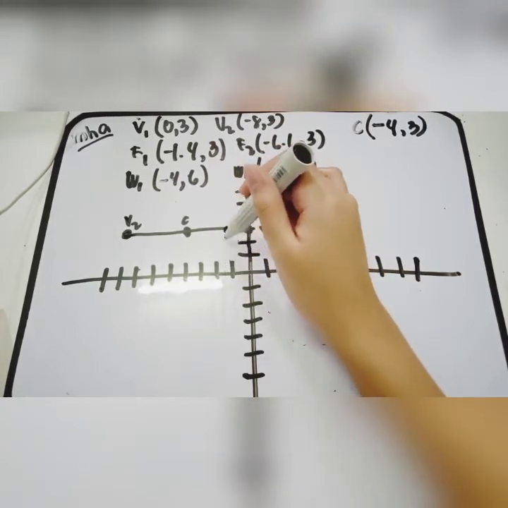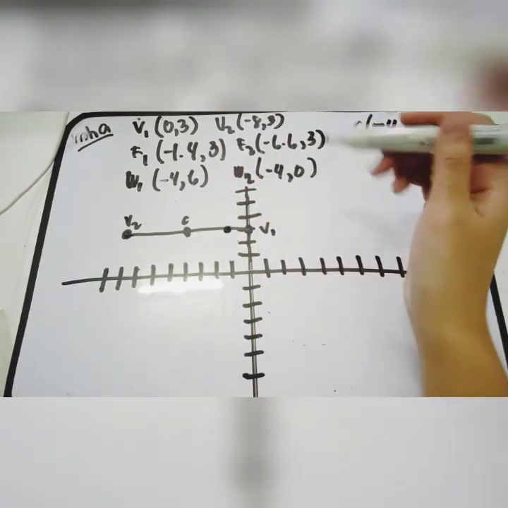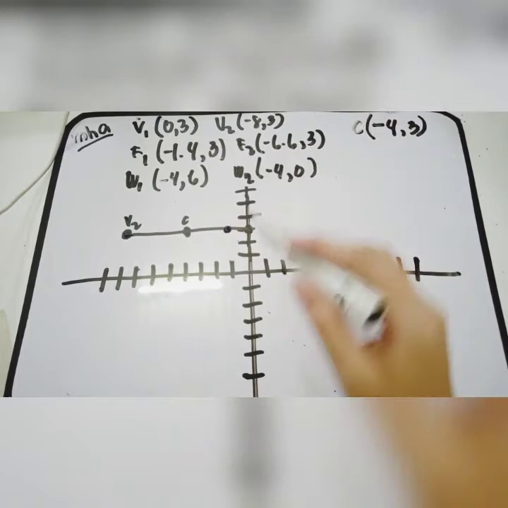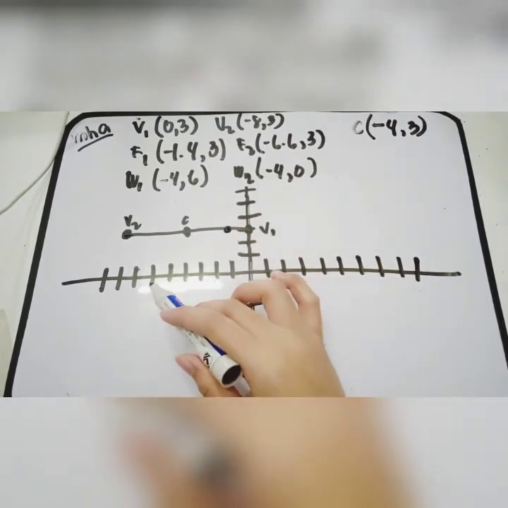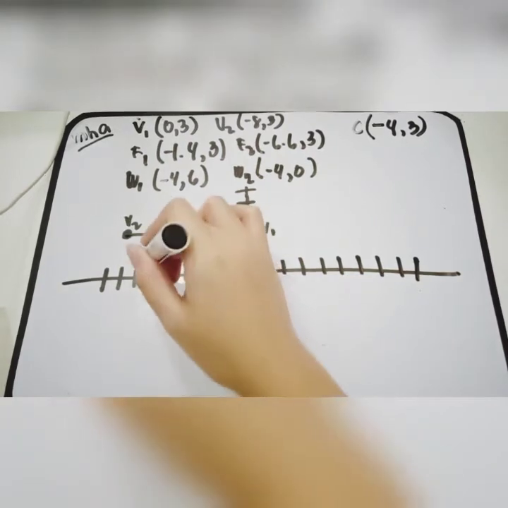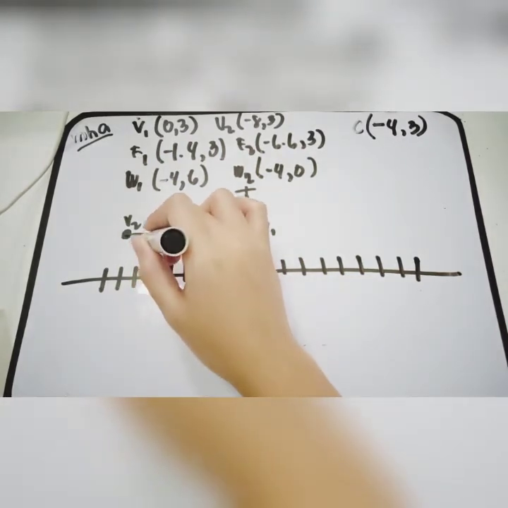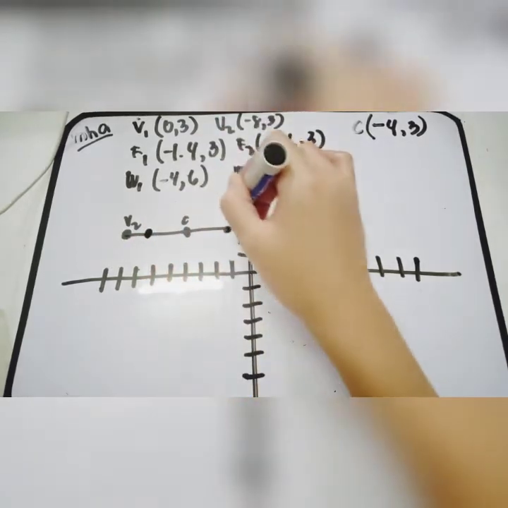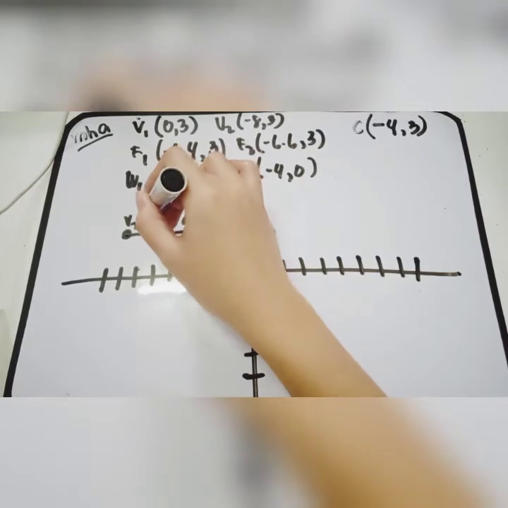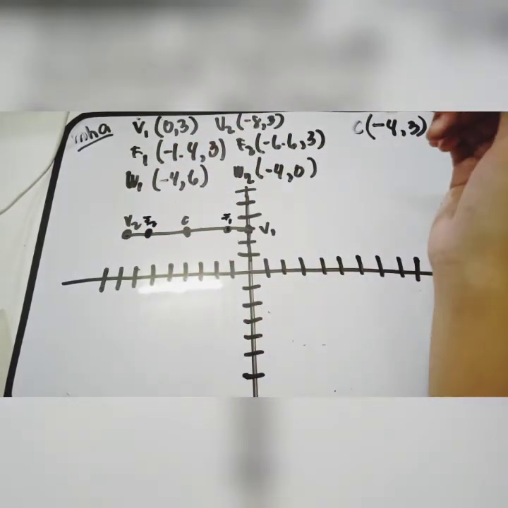So, it's here. And then 3. Next is negative 6.6, 3. So, negative 6. So, 1, 2, 3, 4, 5, 6. Before it gets to 7, so it's in the middle, slightly past the middle. There. This is your foci 1, or focus 1. And this is your focus 2.